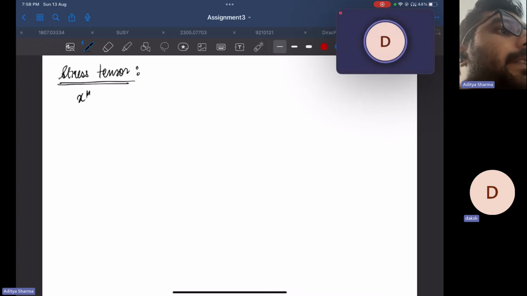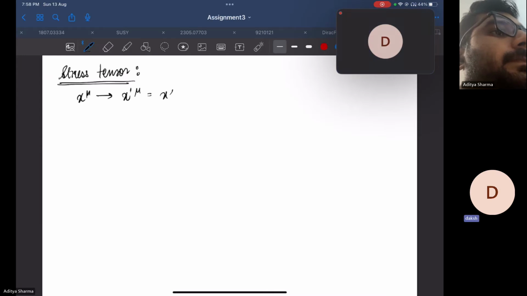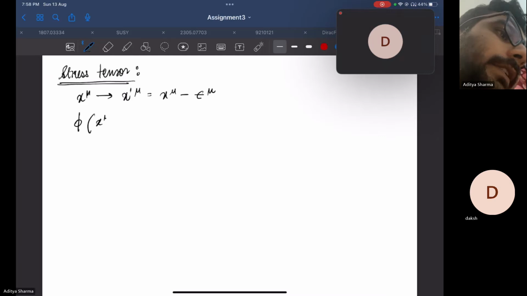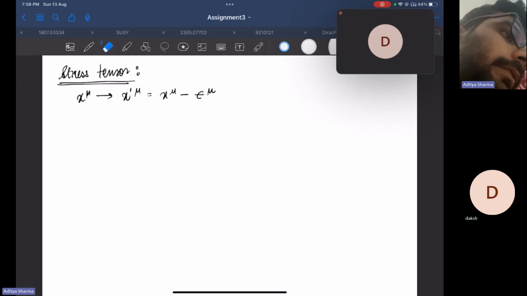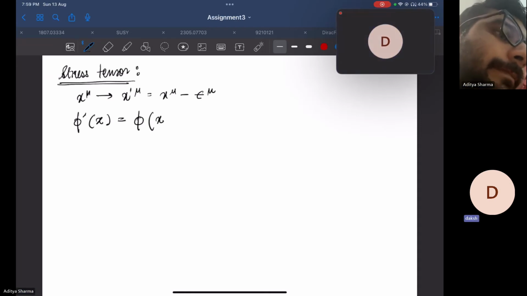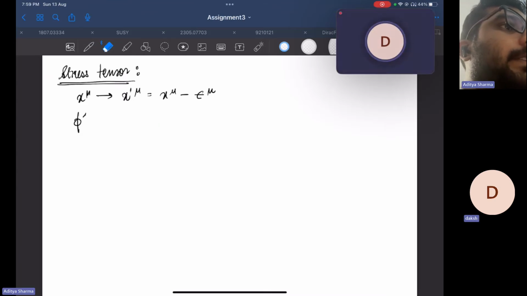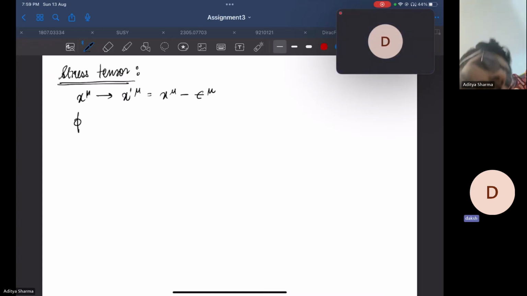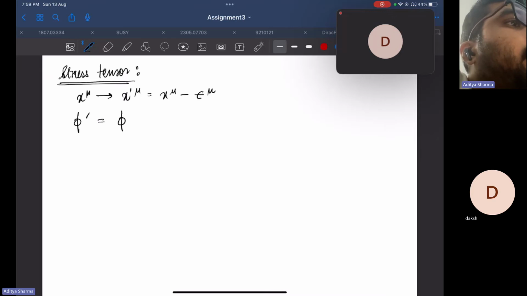Suppose you do a space-time translation, then you have the field as the new field, which is defined as phi prime of x prime mu plus epsilon mu.